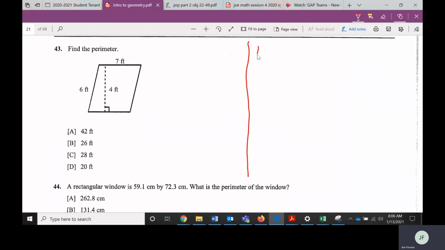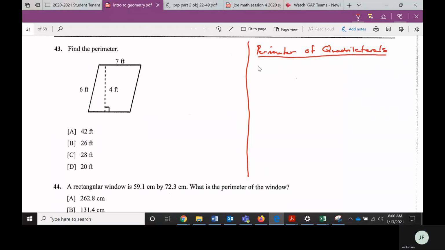So if we're looking at perimeter of quadrilaterals, you can't read that, it's written on by the objectives.